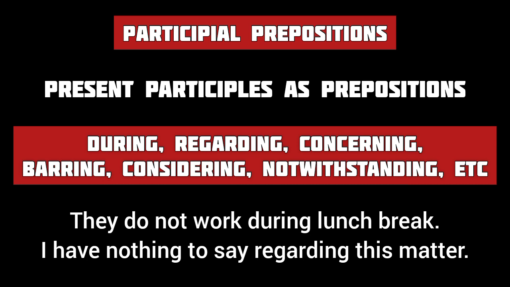Here during is a participial preposition coming before the noun phrase lunch break and showing its relationship with work in the sentence. I have nothing to say regarding this matter. Here regarding is a participial preposition coming before the noun matter and showing its relationship with the verb say. So you see, we find these participle prepositions in their ing forms in the sentence.